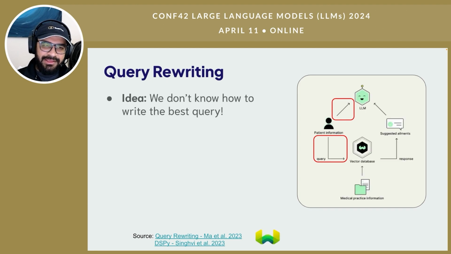And the main idea behind query rewriting is if a new patient comes to you and they describe for you all of the problems that they're having, you might not know the best way to search for relevant articles from a vector database. Because you have to write the query, you might not be able to write the query appropriately, and you might get irrelevant results from the vector database.